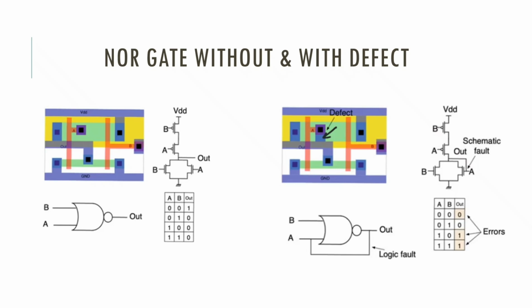Whereas on the left-hand side we have a clean manufacturing process which has led to a proper NOR gate. So when we have such manufacturing defects, we need to find out if the defect exists. For that we need some design methodology to find out the defects.